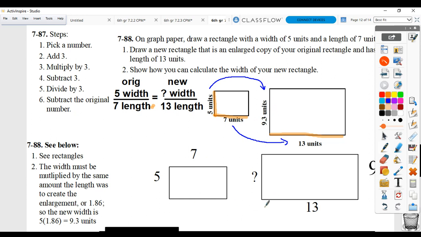So the way to figure that out is to take 13, the new length, and divide by the original length. 13 divided by 7 gives you approximately 1.86 as the enlargement or multiplier. And then when you take 5 times 1.86, you get the new width of 9 3/10. So again, it's a different way to approach it, but it will work just as well. Taking the new length divided by the original length gives you the multiplier, and then you use that multiplier to find that missing width.